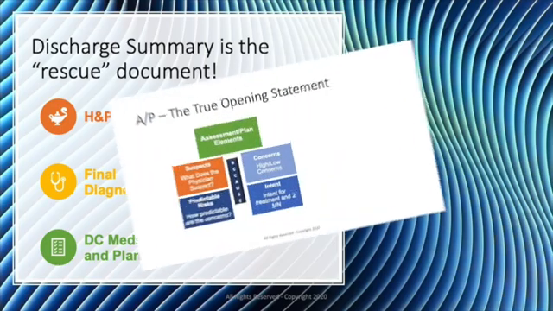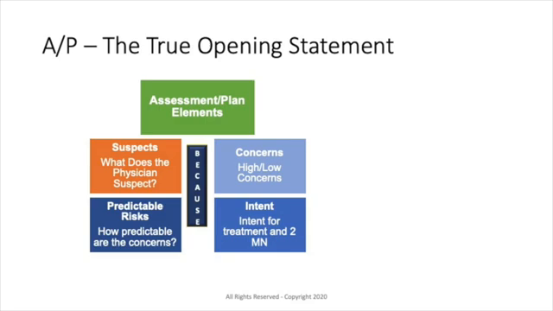I mentioned before 4 key simple bullet points, and these should be used for the assessment and plan. And they are again suspects, concerns, predictable risk, and intent for treatment. There is a half a guideline that I use or teach, and that is the word because.